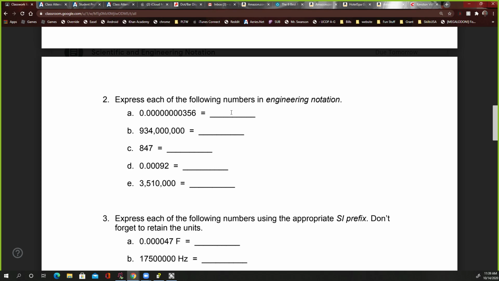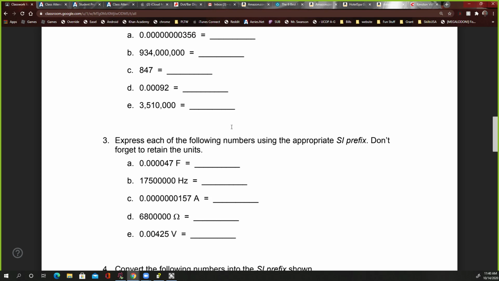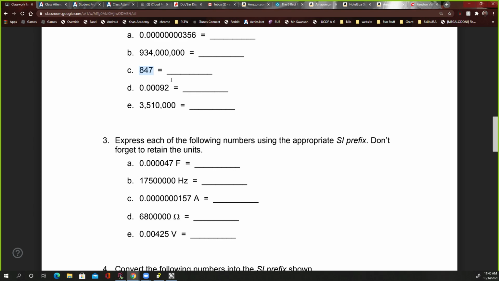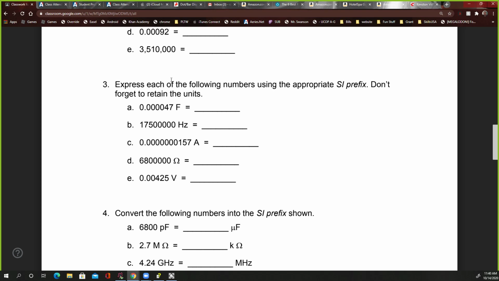So when you put your answer here, definitely it's going to be times 10 to the 3 or 6 or 9 or negative 9 or negative 6, right? So it's going to be powers of 3. This one, you can just ignore it. Come on, it's 847. Who's going to put that in engineering notation? You could just put 847. That's easy.